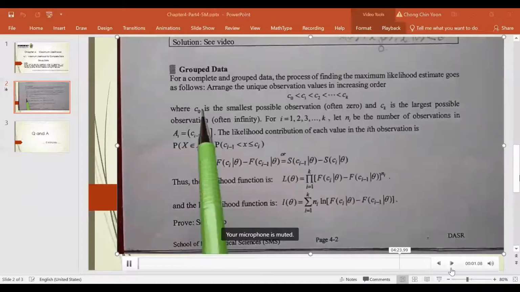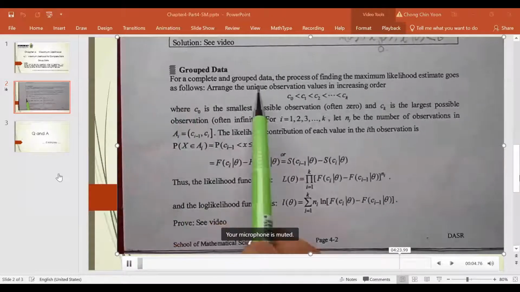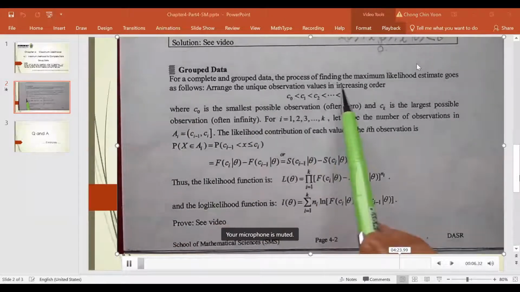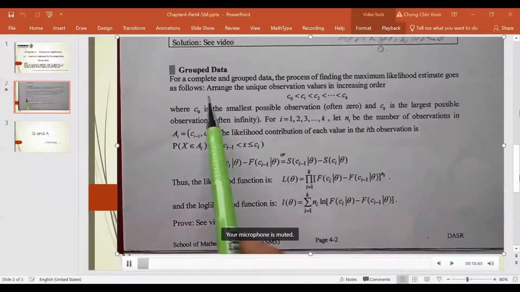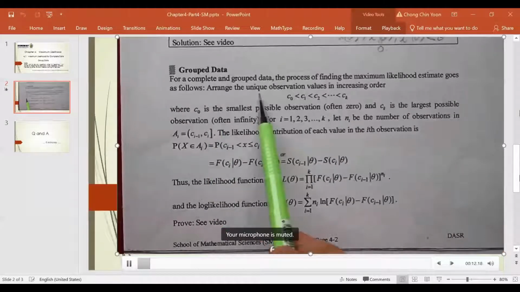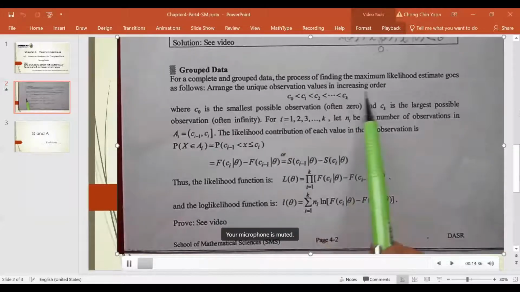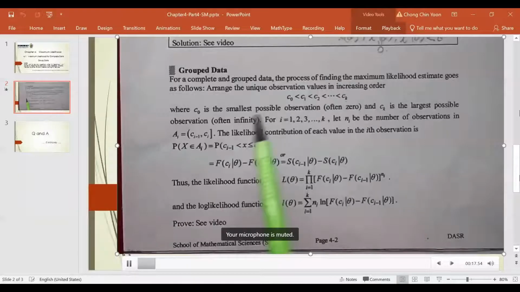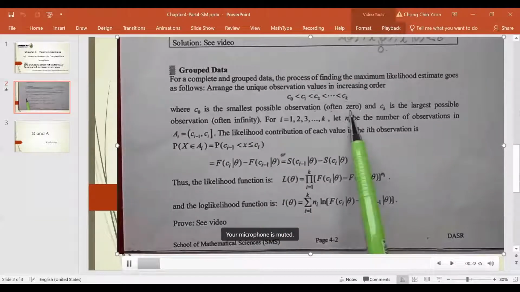Group data. For complete and group data, the process of finding the maximum likelihood estimate is as follows. Arrange the unique observation values in increasing order, where c0 is the smallest possible observation, often 0, and ck is the largest possible observation, often infinity. We let ni be the number of observations in this group, where i is from 1 until k.